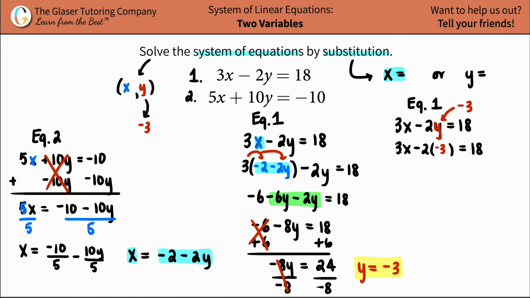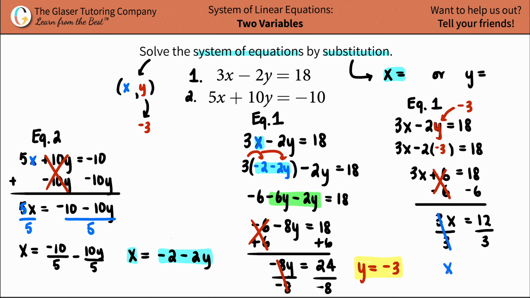And now 3x plus 6. -2 times a -3 is a plus 6 equals 18. Let's get rid of that 6 on both sides. Okay. We are almost there. 3x equals 18 minus 6 is a 12. And finally, let's divide by 3.